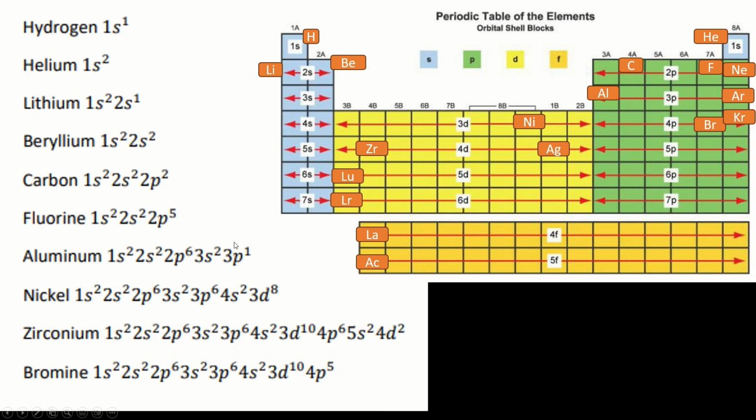So for aluminum, the noble gas that shows up before it is neon. So we would write neon in brackets for our element notation, and then we'd start doing 3s², 3p¹.